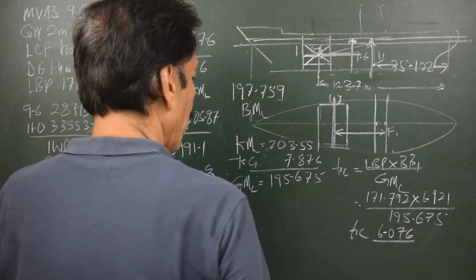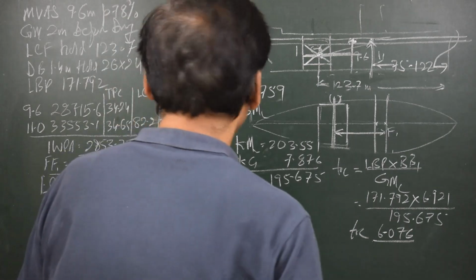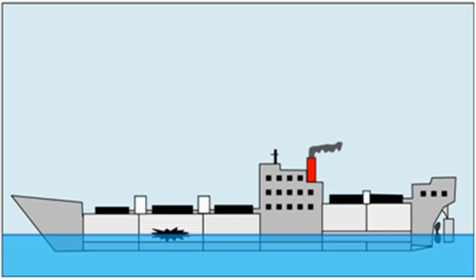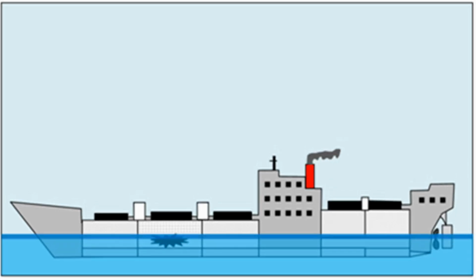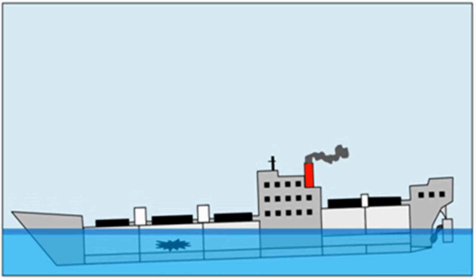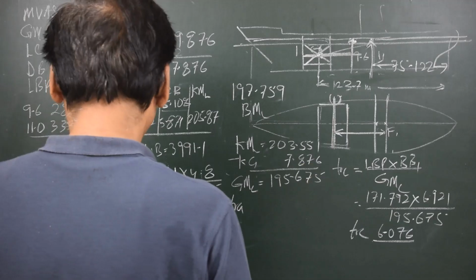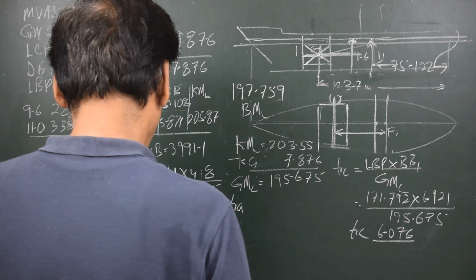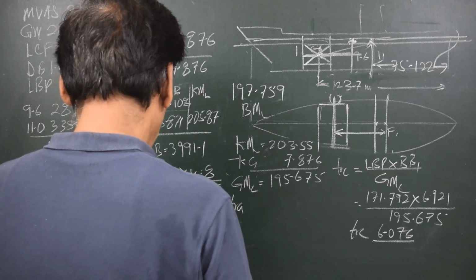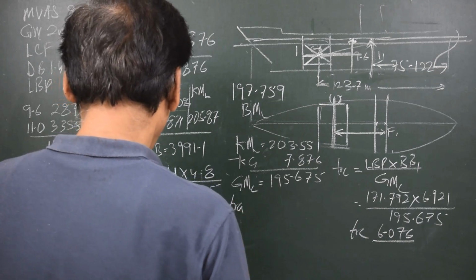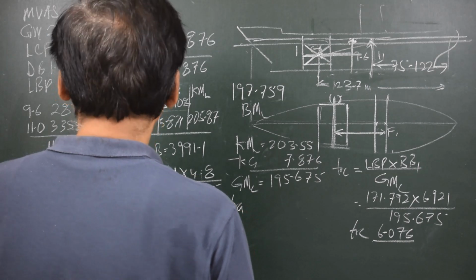TRA will be this value multiplied by LCF. The new LCF we have is 75.122. So this value into 75.122 will give me a product of 456 something, divided by LBP.